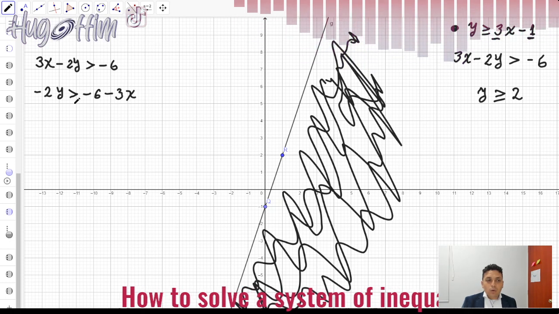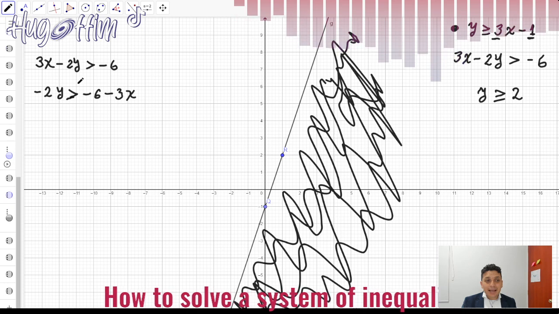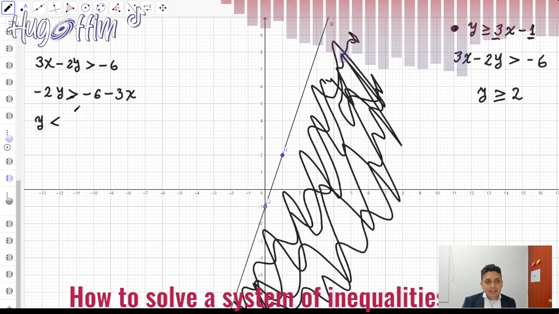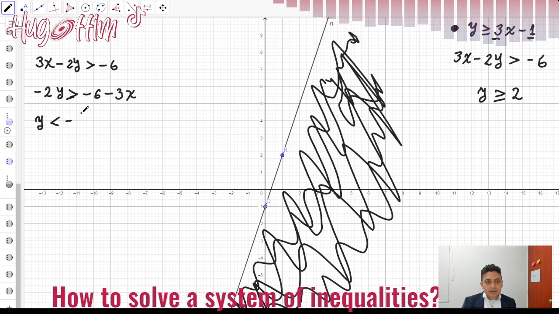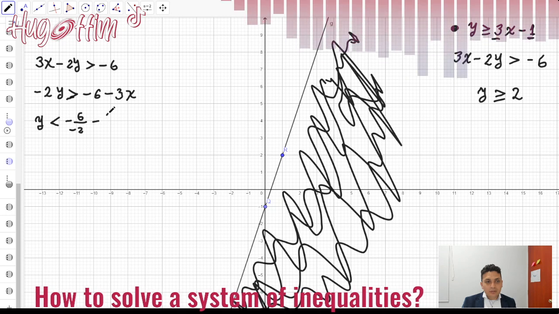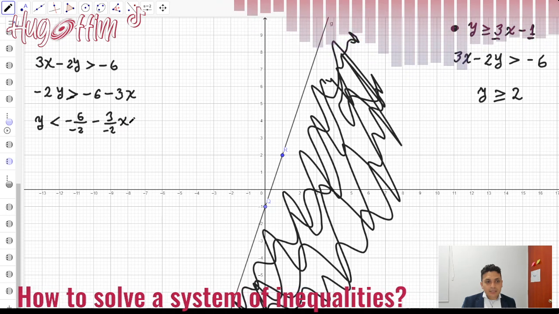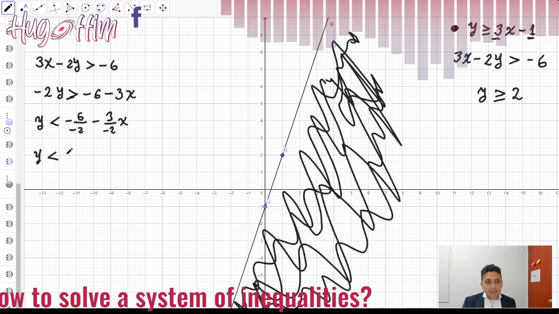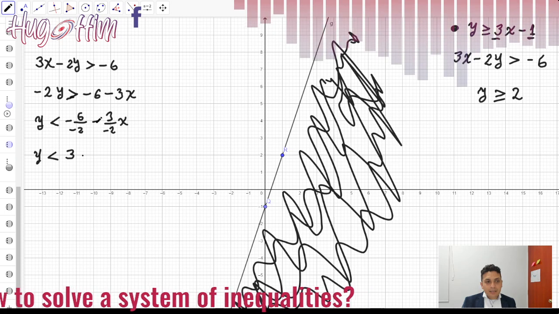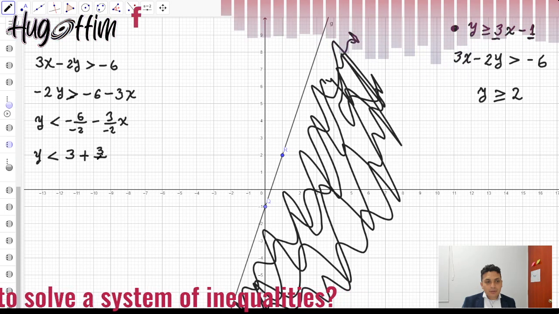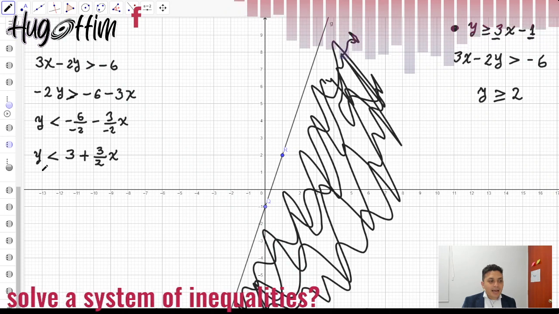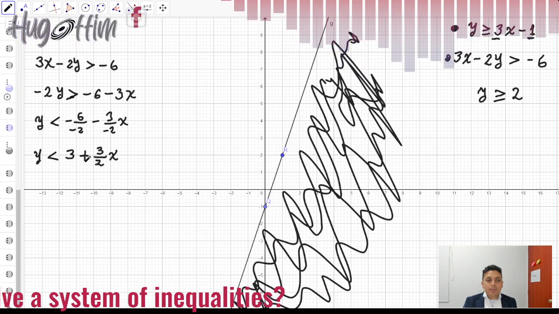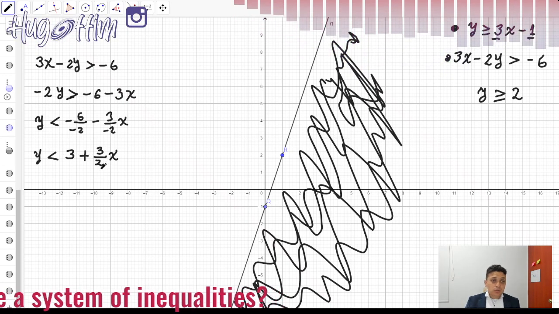And I'm going to divide all terms by negative 2, but as I divide by a negative, I should reverse the direction of the inequality. So y is less than negative 6 over negative 2 minus 3 over negative 2 x. Negative 6 divided by negative 2 is 3, and negative divided by negative is plus 3/2 of x. So this second expression is the line y less than 3 plus 3/2 x.